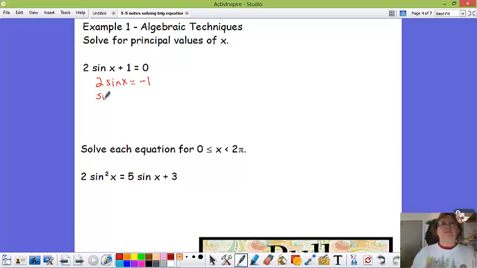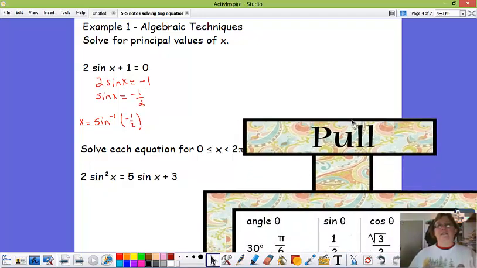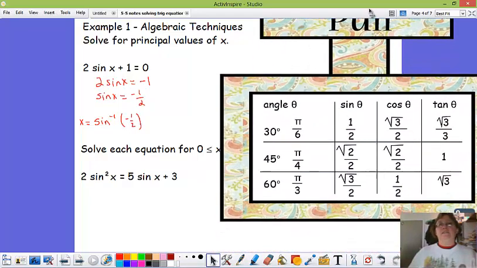Divide by 2, the sine of x will be -1/2, and then to find x we need to know the angle whose sine is -1/2, so this is sine inverse. Now that can be put into your calculator, but I'm going to ask you to use your head today as opposed to your calculator, at least until the end.